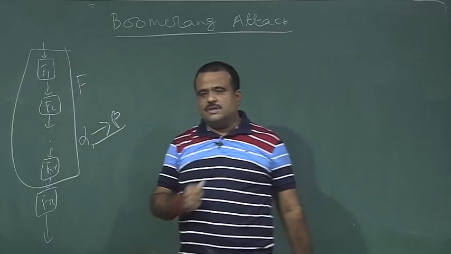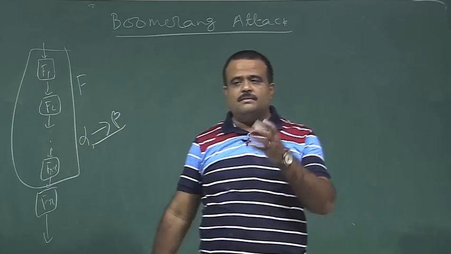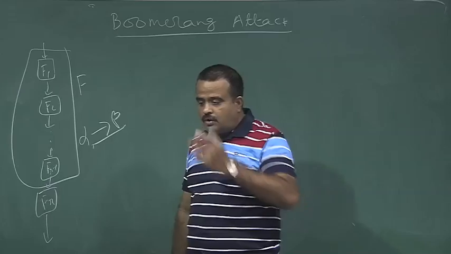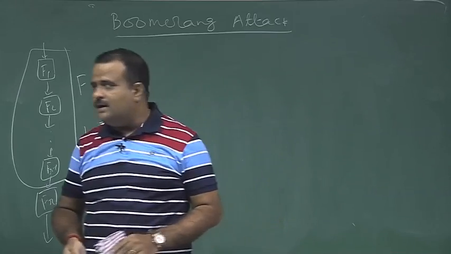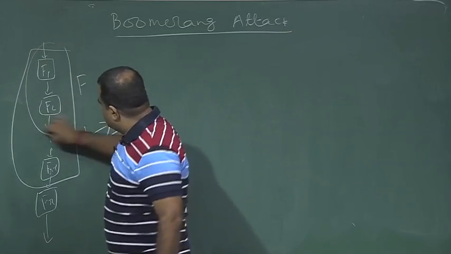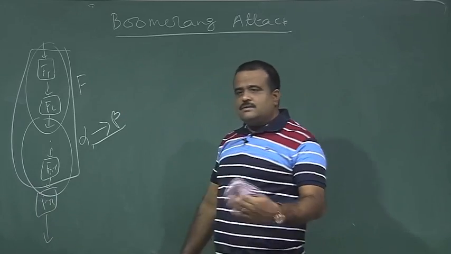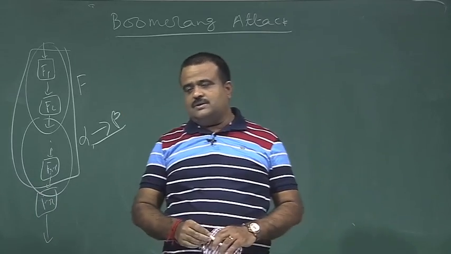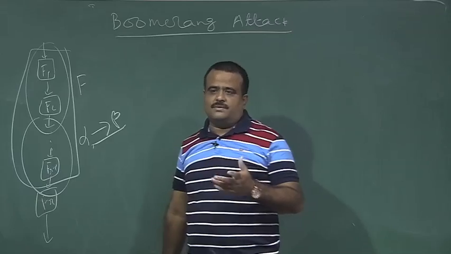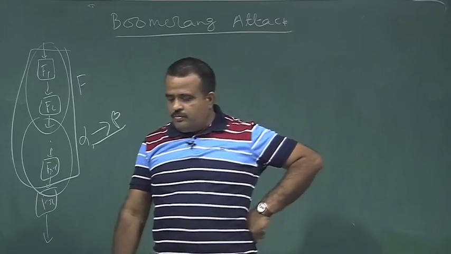The idea is that instead of a long round, if we have a short round, a short difference, then can you mount an attack? That version of differential attack is called the boomerang attack.